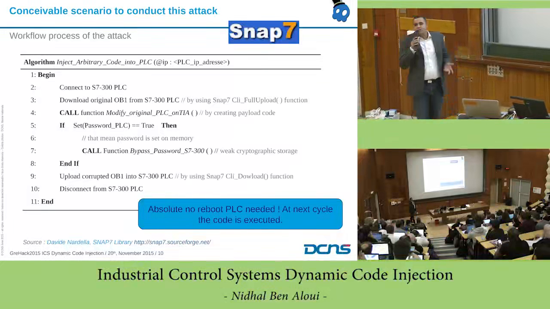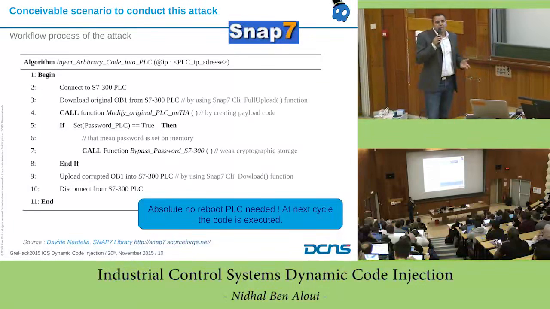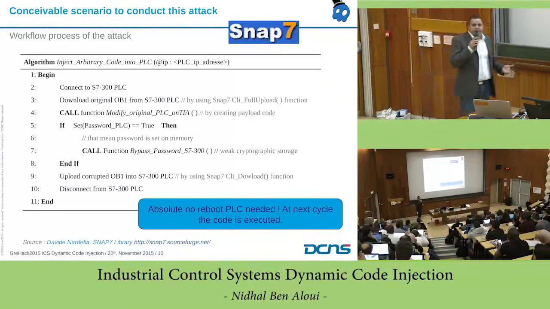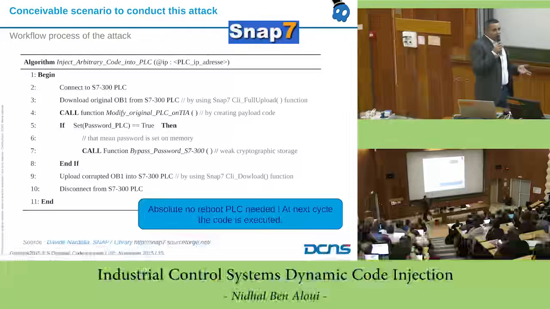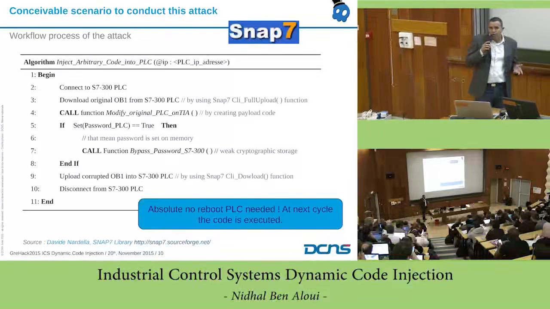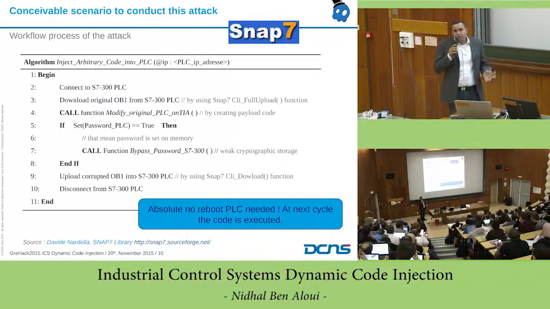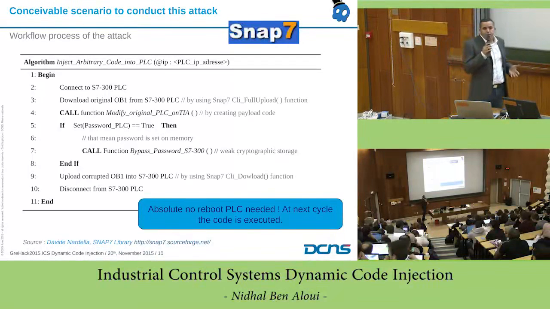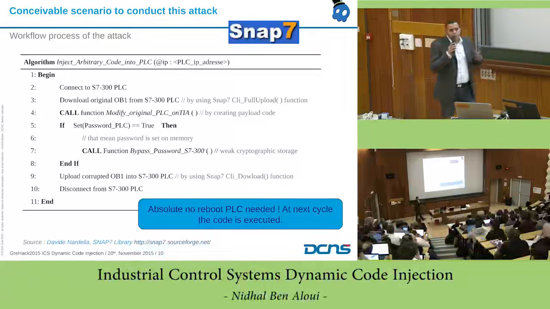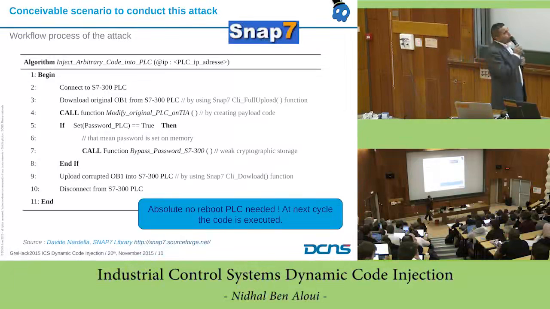Then it checks the CRC code, so the checksum. If they're correct, it checks if there are remote passwords on the PLC. If there is no password, it replaces and erases the original OB1 with the new corrupted block injected. But if there is a password, we should first put the password.